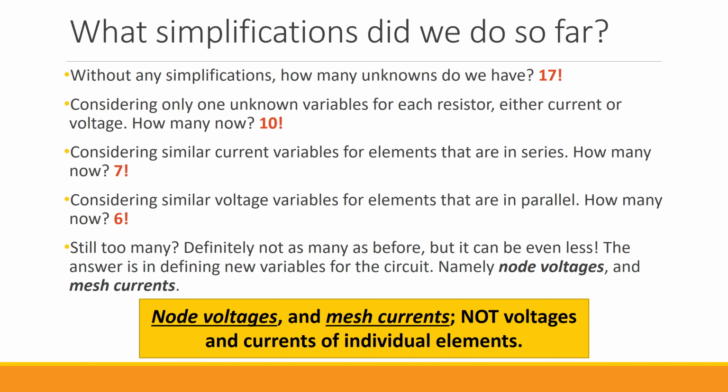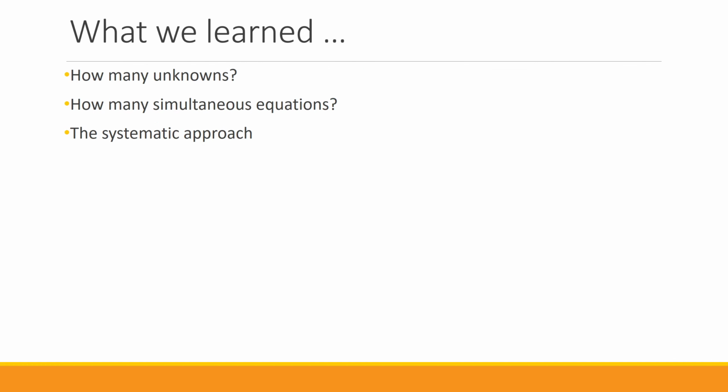We need to define new variables, namely node voltages and mesh currents, not voltages and currents of individual elements. That helps us significantly reduce the number of equations that we need for solving electric circuits. And that will be the topic that I'm going to cover over the next lectures.